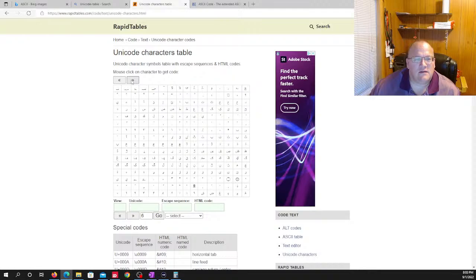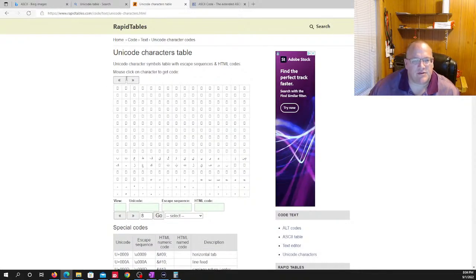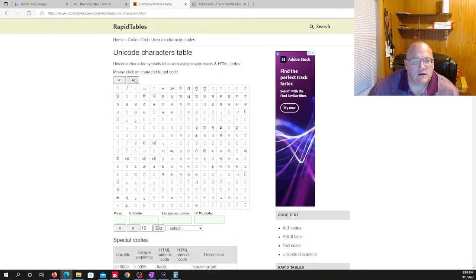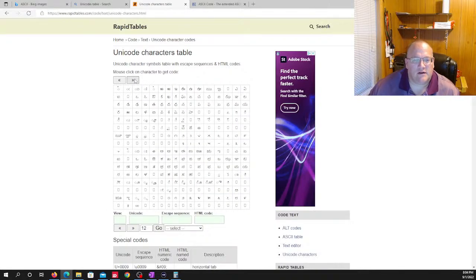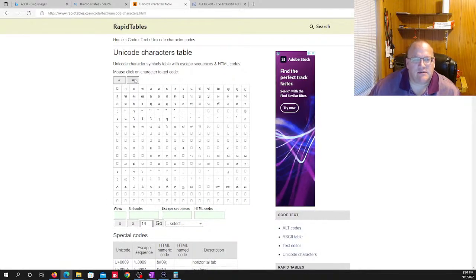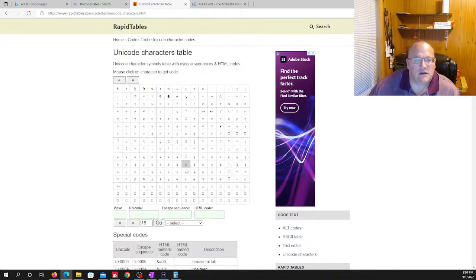Keep going. Ah, here's our Arabic characters. That's good. We've got languages that are gone, like cuneiform and some of that kind of stuff. More characters, more characters. We still haven't really gotten into any of the Chinese or Japanese characters. Or maybe we have. I just don't recognize them as readily.